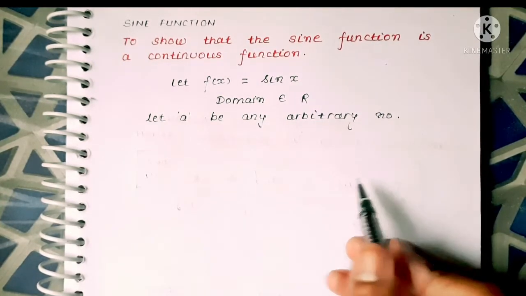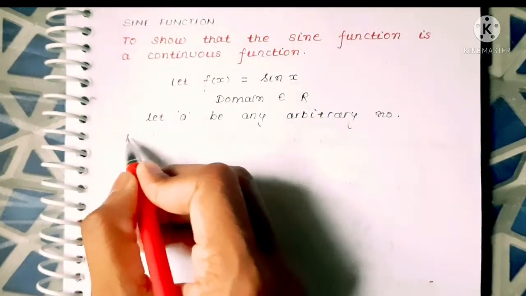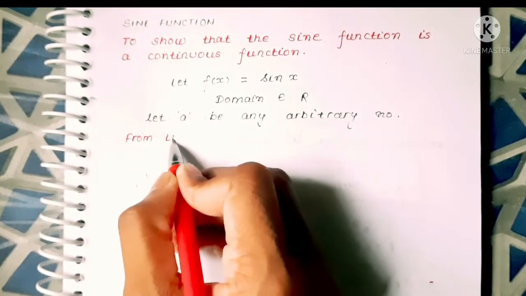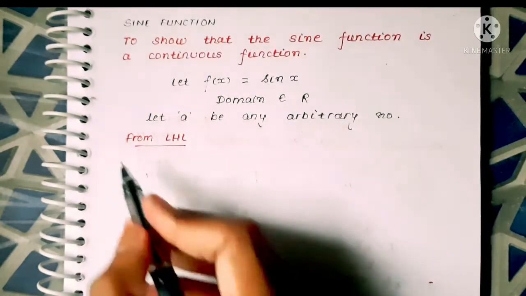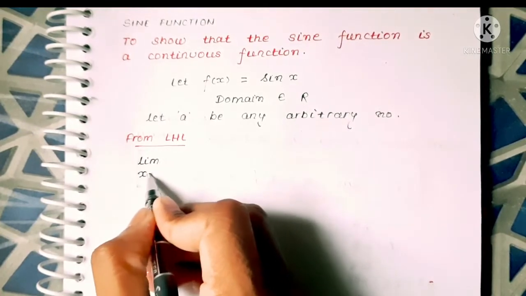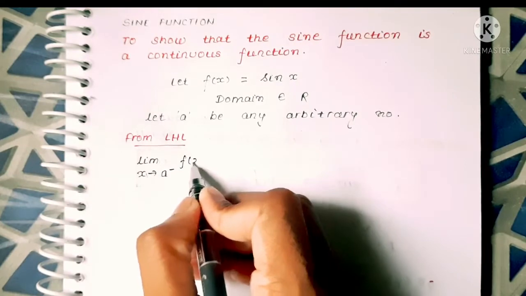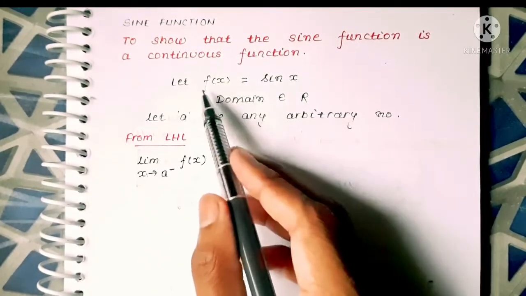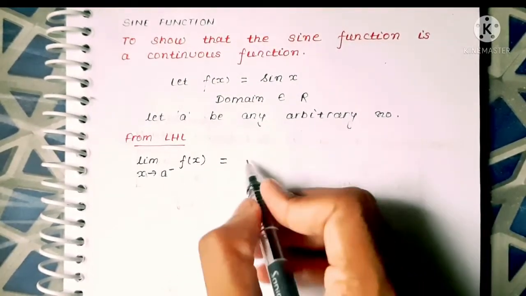So we will start from the left hand limit. In the left hand limit, limit x tends to a minus, where the function is f(x). Now our function we have called sin x, so we will take f(x) equal to sin x.